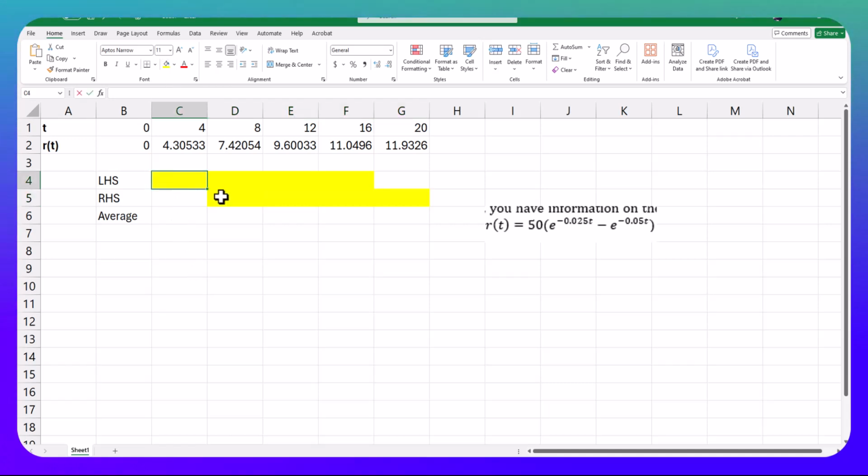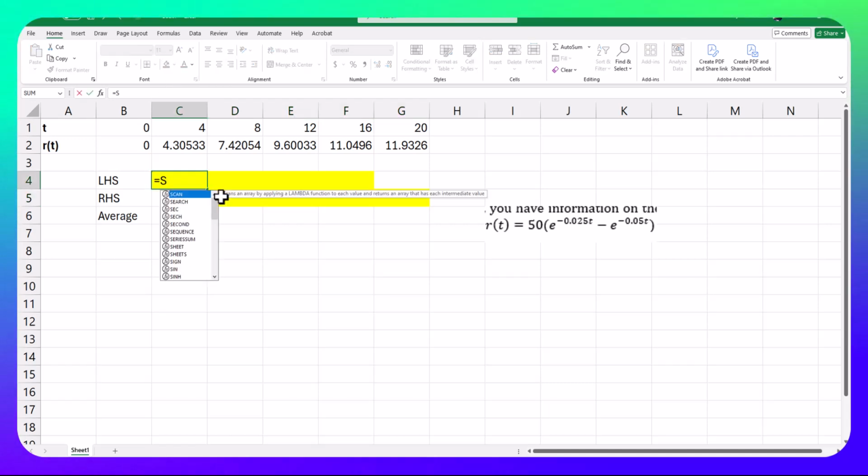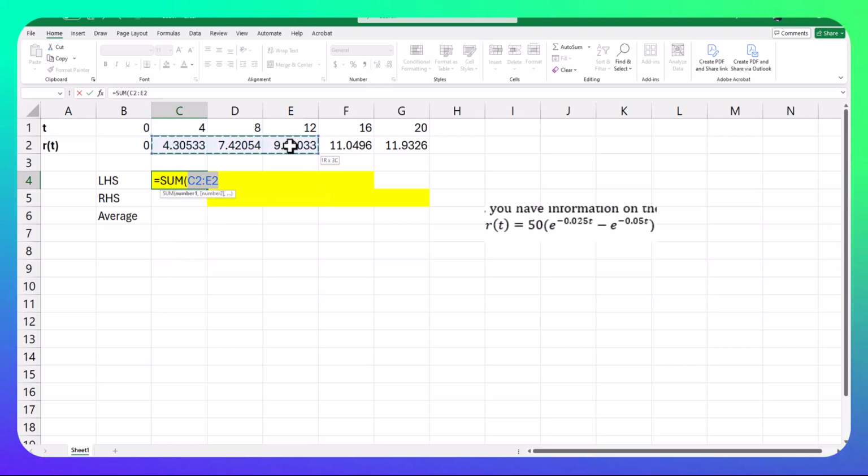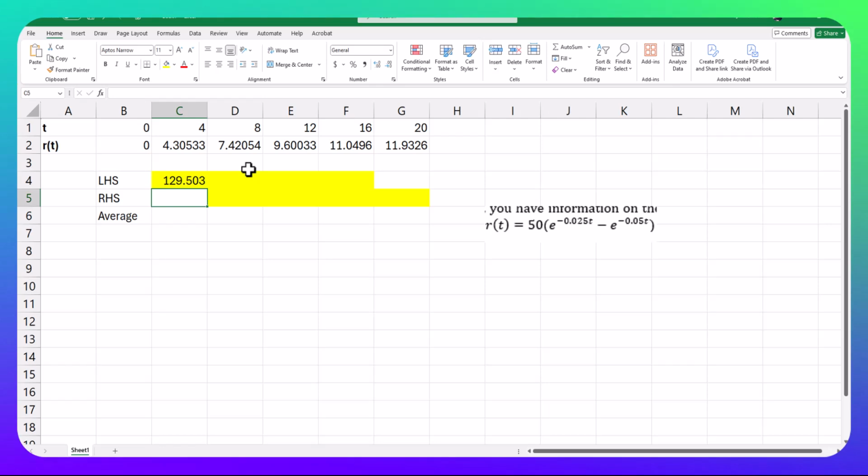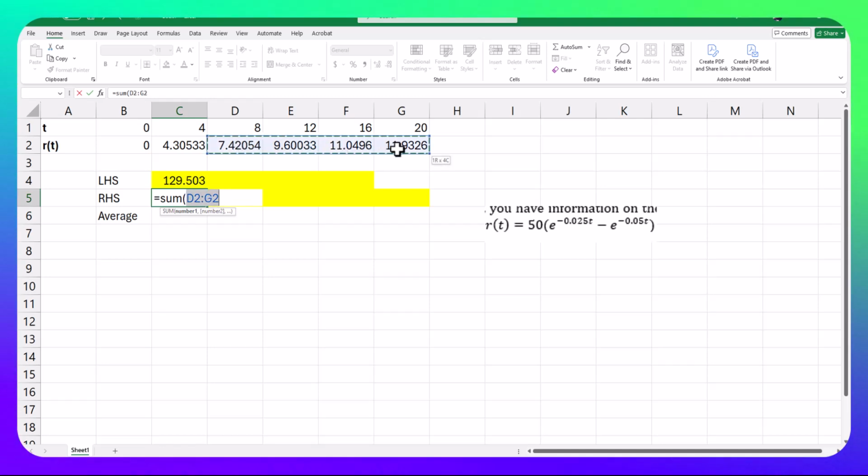So the left-hand sum would equal the sum of these left-hand values times what? 4, because the change in time is 4. So that would be that one. And then I would do equals sum, the right-hand value.